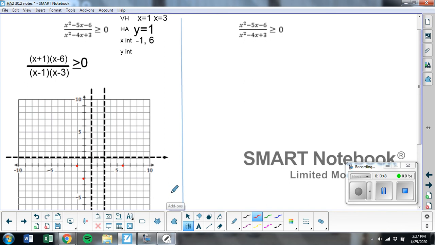Okay, and then you can go ahead and plug in 10 just to see what happens out here, because again, it can go above or below this line. We're not sure. We just know that it's approaching 1 really far out. But we already have passed the x-axis, so we're not sure if it's just going to stay below here or go above here. So go ahead and plug in 10.